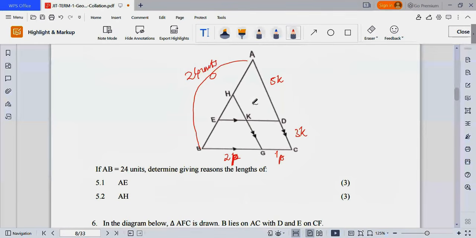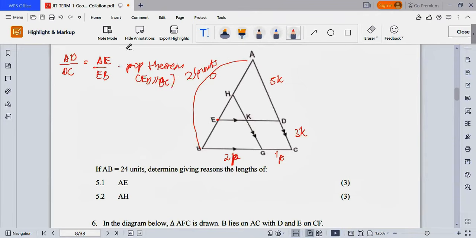We can take the fact that these are in proportion, say AD over DC is in proportion to AE over EB, and then we simply say prop theorem, and that's ED over BC.